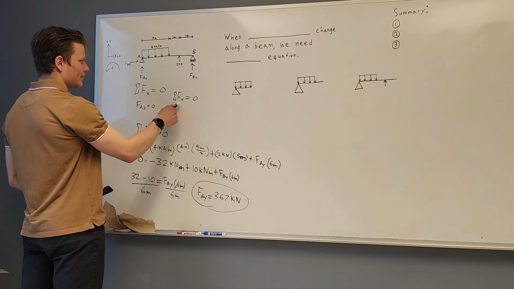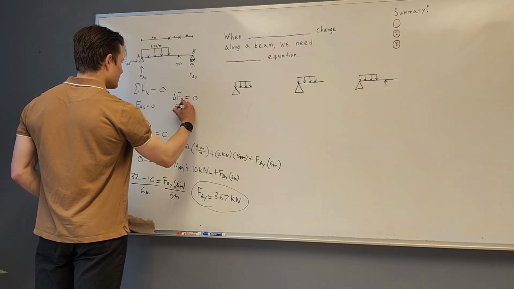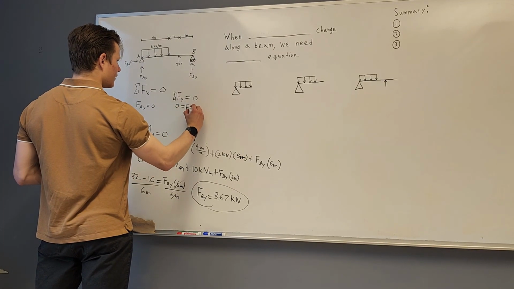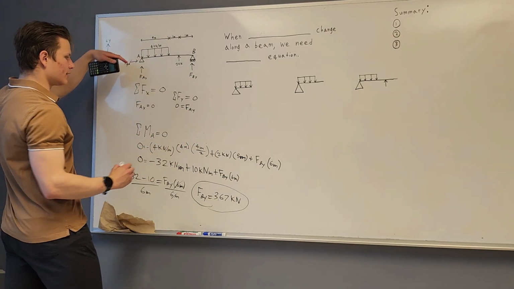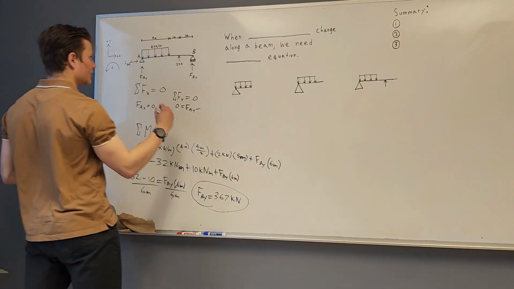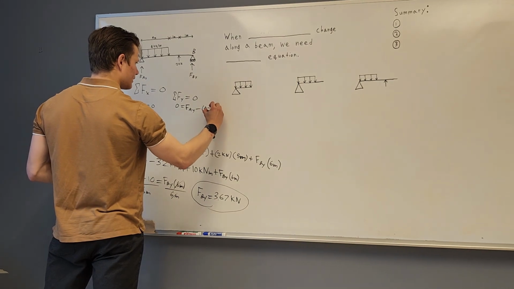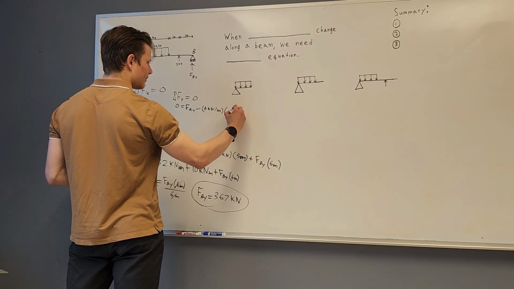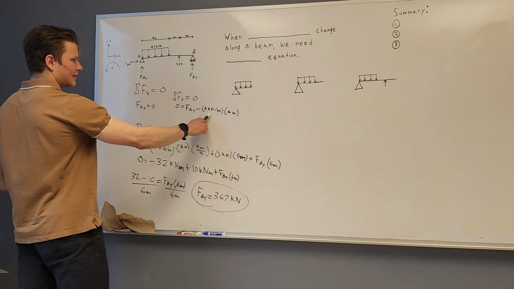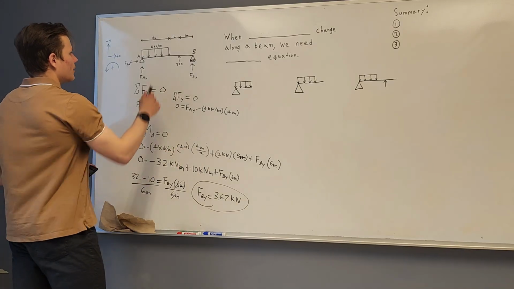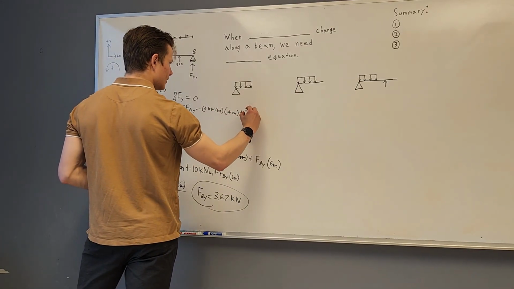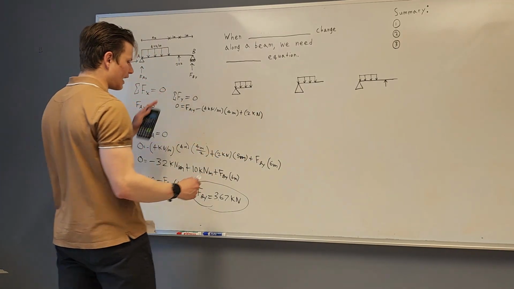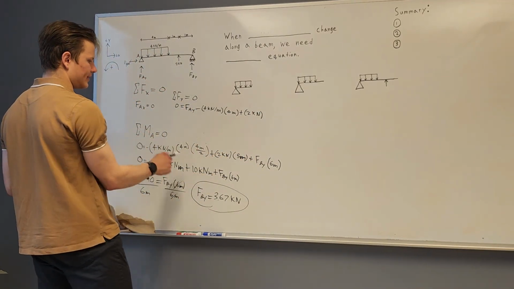And so when we take the sum of the forces in Y equals 0, we get 0 equals Fay, take away, because this UDL is going downward, take away 4 kilonewtons per meter times 4 meters, because that will give us units of kilonewtons, plus 2 kilonewtons, plus Fby, which we know from the sum of the moments is 3.67.